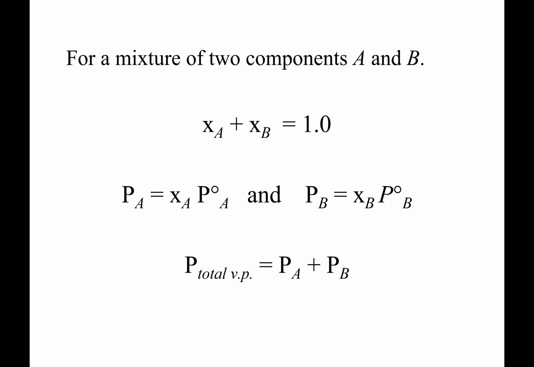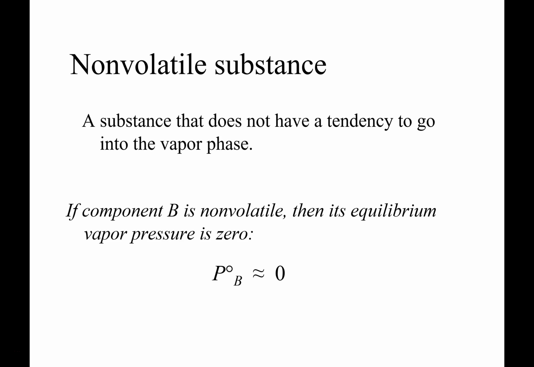Actually, this scenario assumes that they are both volatile. Do you kind of see that? Why do I say that? Because I see them in their gaseous state. Well, what if one of them is not volatile? In that case, it still runs interference, so to speak, according to Raoult's law. But if it's not volatile, you're not going to see it in the headspace up here.